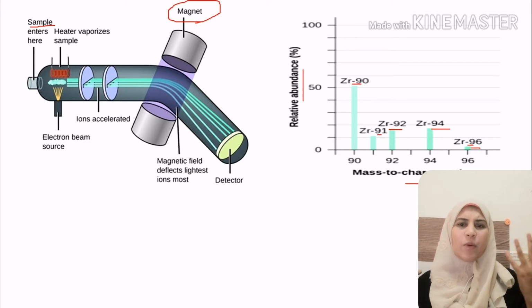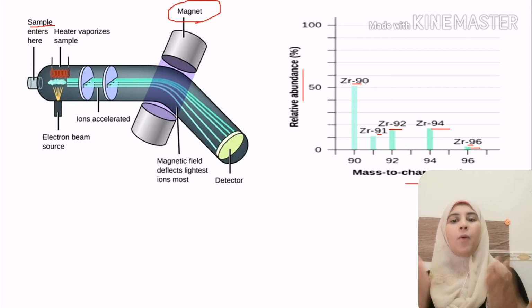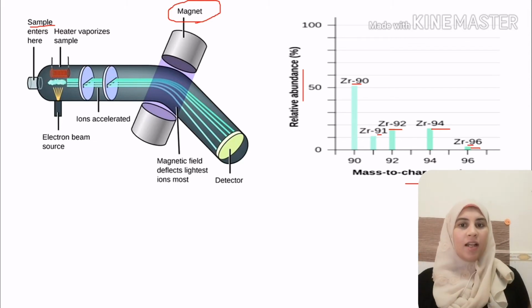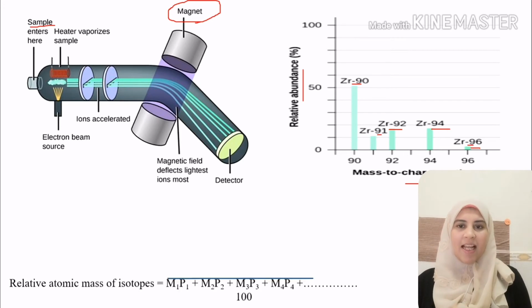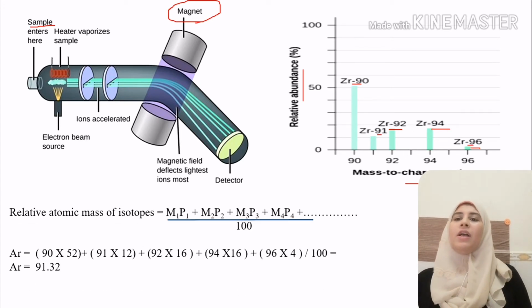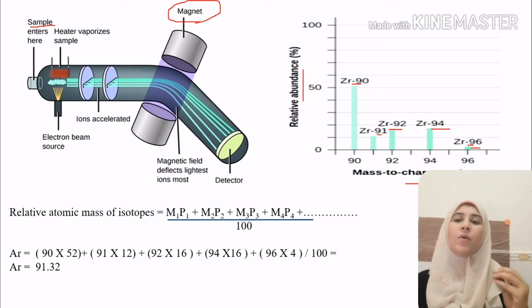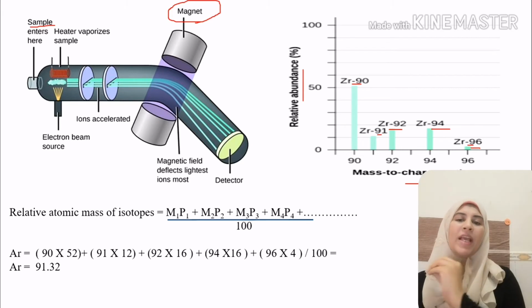How can we calculate its relative atomic mass? How can we write the element in our periodic table? Let's see how we can write the element in the periodic table. In the periodic table, the relative atomic mass of the isotopes is calculated by the following relation.